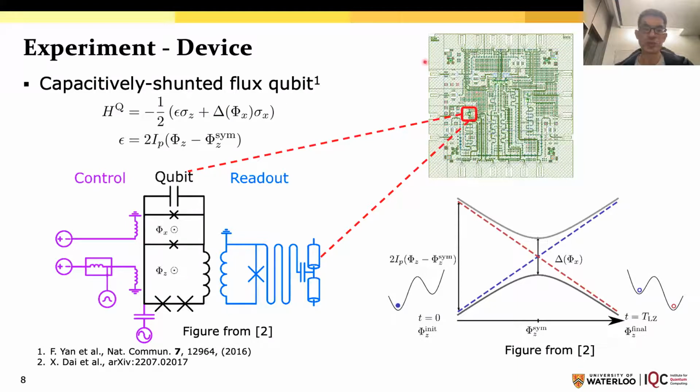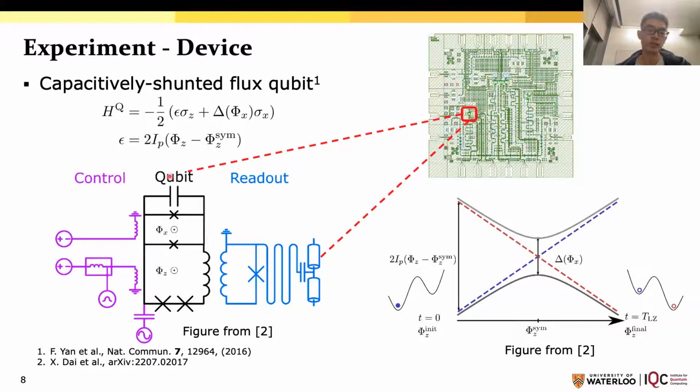And here I'm showing the chip on which we perform the experiment. This is a chip that was designed to test a couple of the design primitives that were going into the larger quantum annealer, and the qubit we are performing the experiments on is just this part here.